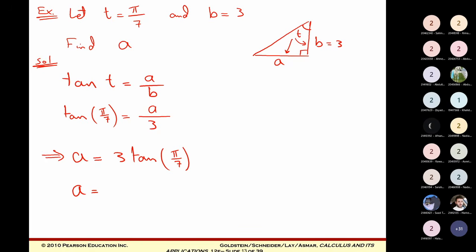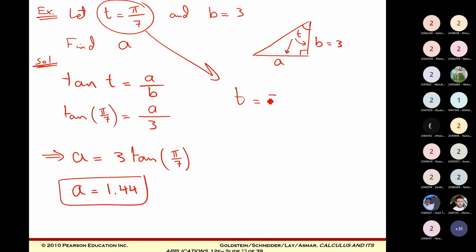So we have 1.447 and so on. So 1.44. Good. Your calculator is in radian. But if we put in, for example, t equal to 35 degrees, you must check your calculator is in degree. Okay? This is the difference between the value of degree and radian. Okay? Any question?